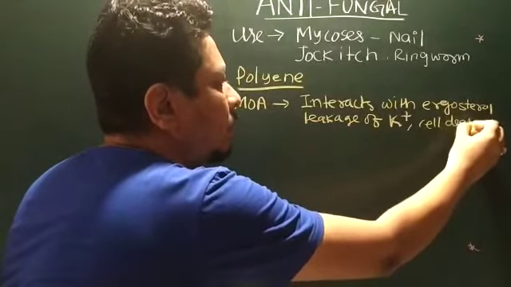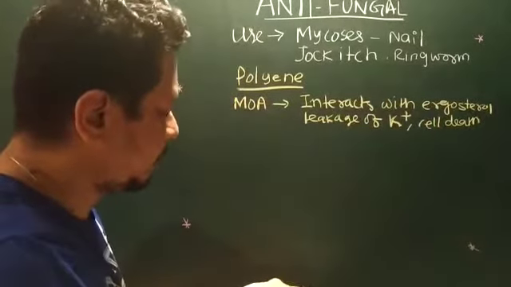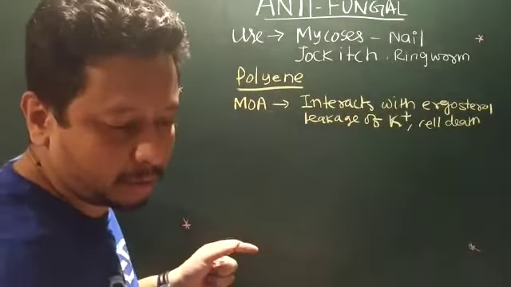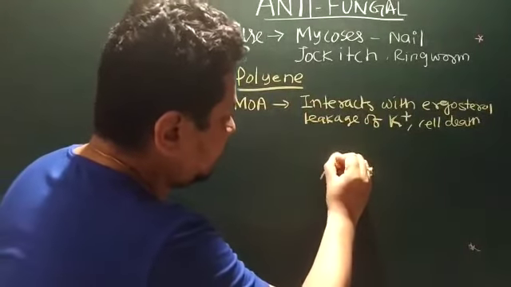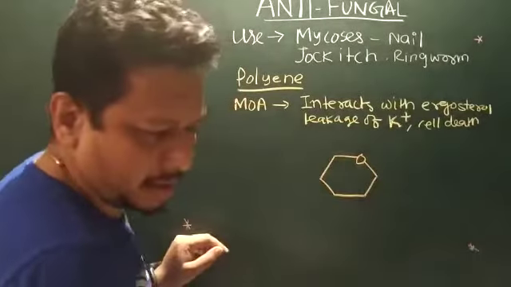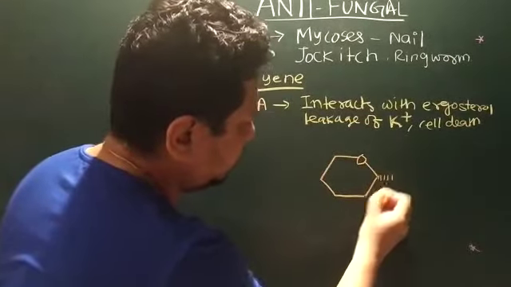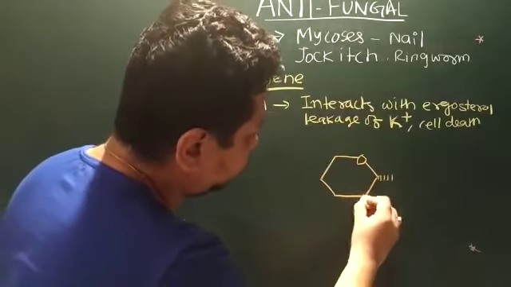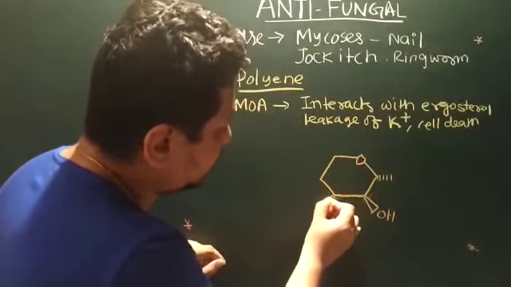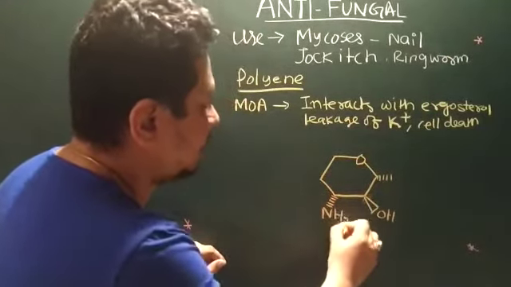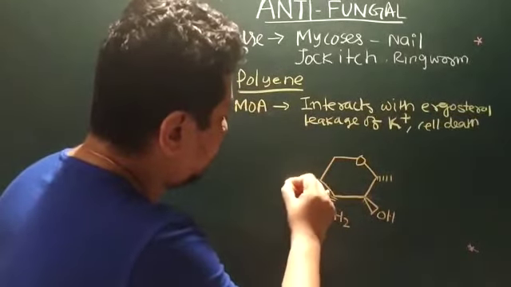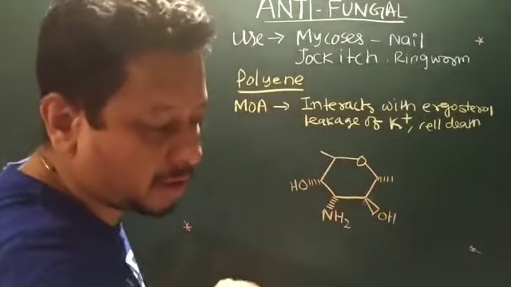Okay. Now what structural contribution do these polyene antibiotics have? This is polyene, that means they have multiple conjugated double bonds. So majorly they have a structure which is an amino sugar. Okay. So if you have these structures with a hydroxyl group and amino group, as in amino hexose, this makes that amino hexose. Then over here you have a substitution.